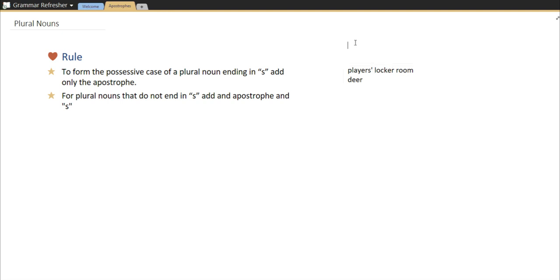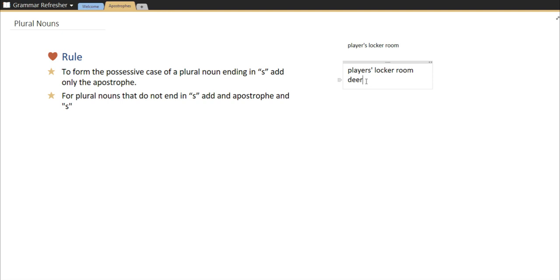In context, if you misplaced the apostrophe and wrote it as player's locker room, then what you're talking about is a locker room that only belongs to one player. Must be some kind of high-paid NFL player then to have his own locker room. So here is the example of a plural noun. All you add is an apostrophe to plural nouns.